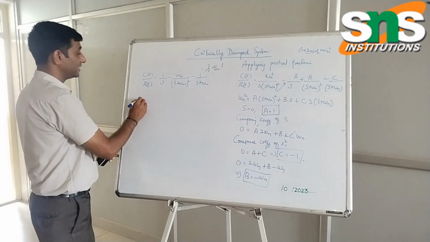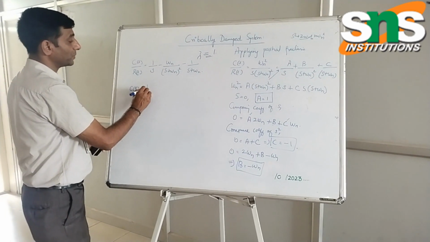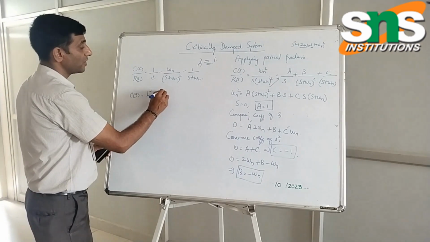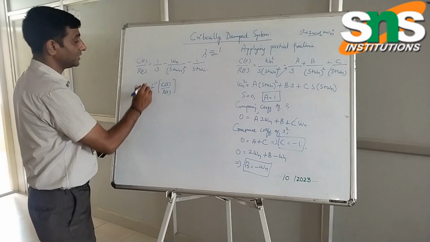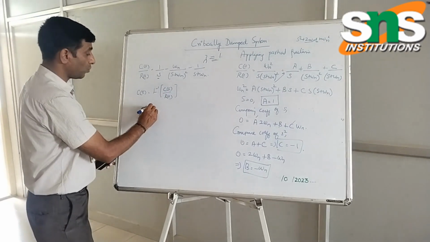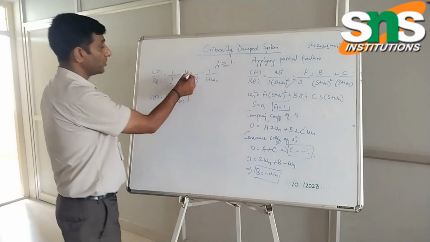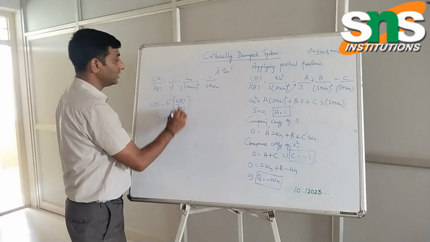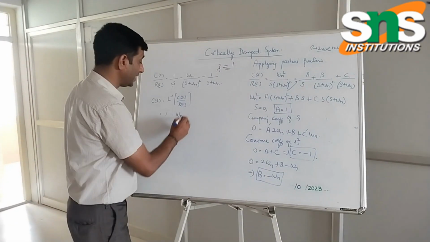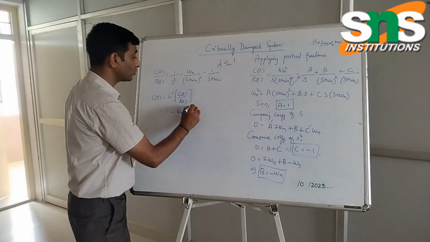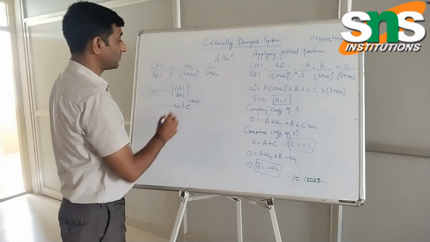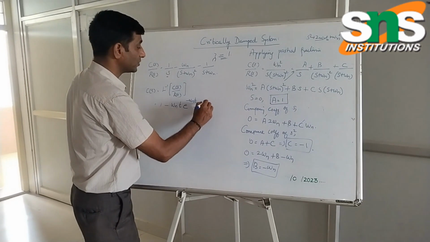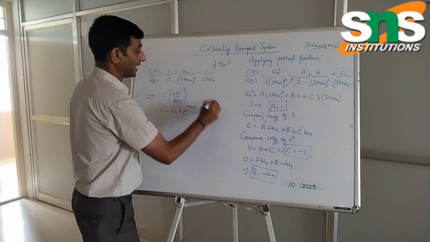Now our response c of t is equal to the Laplace inverse of C of s by R of s. The Laplace inverse of 1 by s is 1, minus omega n, which is a constant, times the Laplace inverse of 1 divided by s plus omega n the whole square, which is t e raised to minus omega n t, minus e raised to minus omega n t.